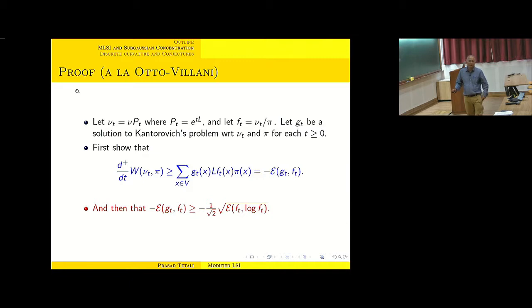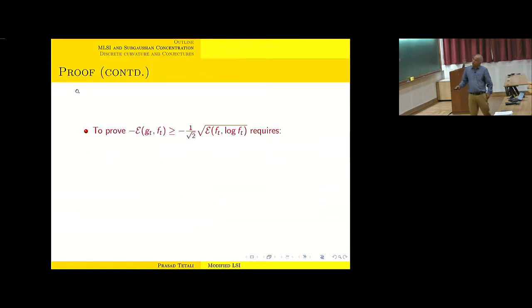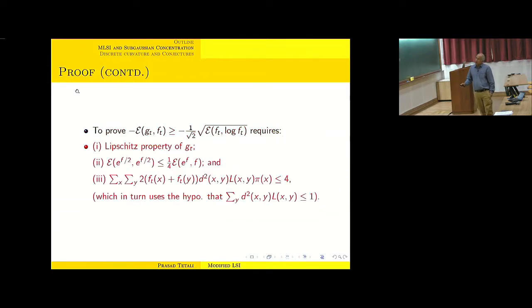Modified log Sobolev gives us a way to relate this Dirichlet form to relative entropy. And then for this calculus, that's where you're going to use the Lipschitz property of g t, and then this is the one that I showed the proof of in lecture 1 that compares log Sobolev to modified log Sobolev, and the hypothesis on the kernel. Okay, so these are the ingredients.